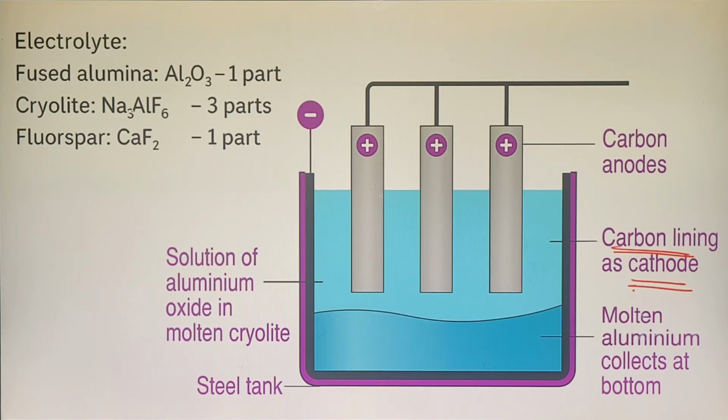Now the anode, you have to remember, there are many rods attached to the positive terminal, and many carbon anodes have been placed. Why so many anodes have been placed, we will understand a little later. So the whole container is the cathode and there are many positively charged anode rods placed.